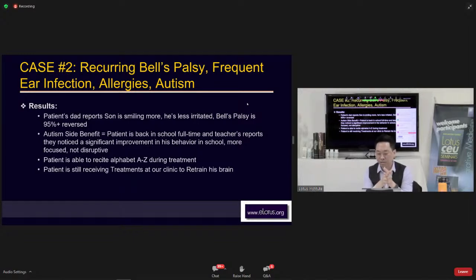Then we add in one additional treatment at a time. We'll add the FSM in, do a couple of treatments and observe the effects. Then we'll add the herbs in. Then we'll go over their diet. We don't throw the kitchen sink at our patients because we want to know exactly cause and effect, and so does the patient. When I explain it that way to the patient, all patients love that.